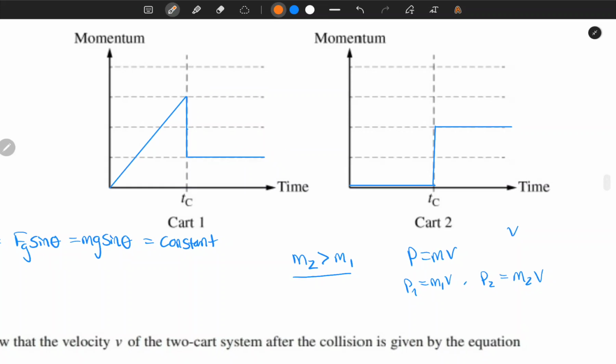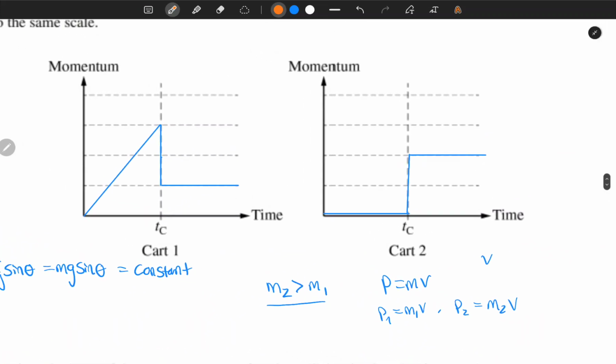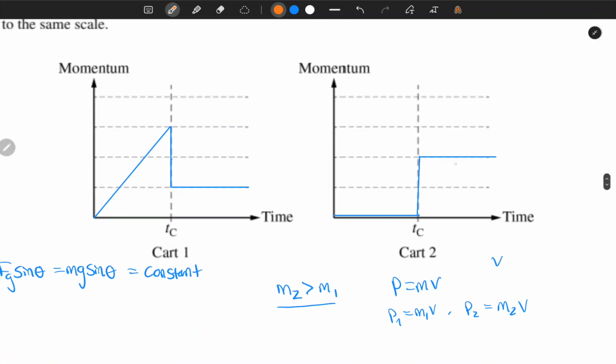And students get 1 point for cart 1 and cart 2 having the same change in momentum. So here we have a change of 2 units. And here cart 2 also has a change of 2 units. And by units, it's simply how many dashed lines you go up.